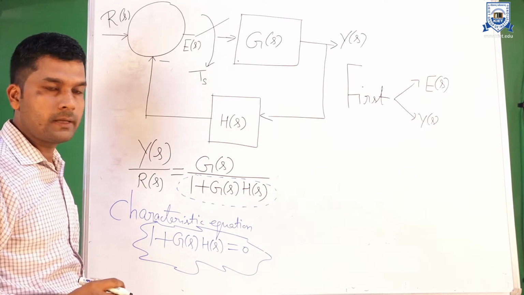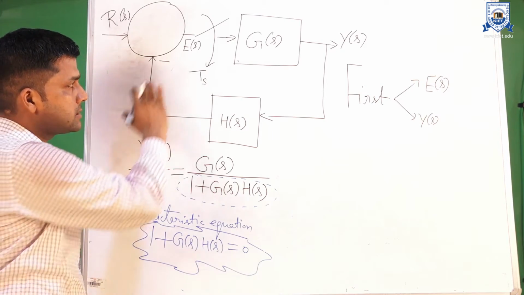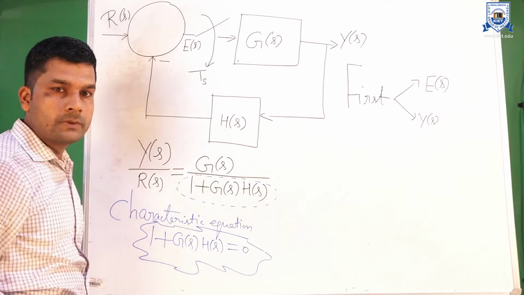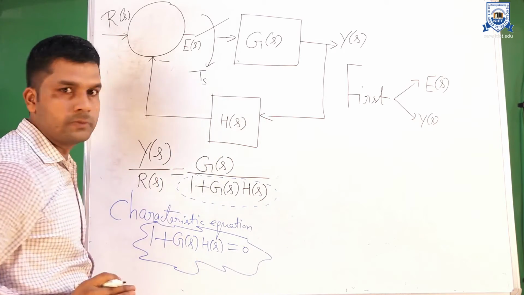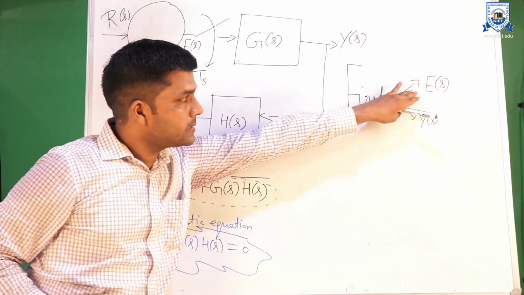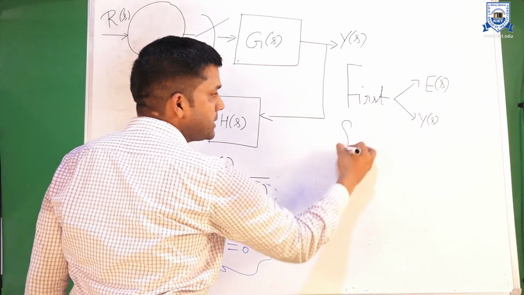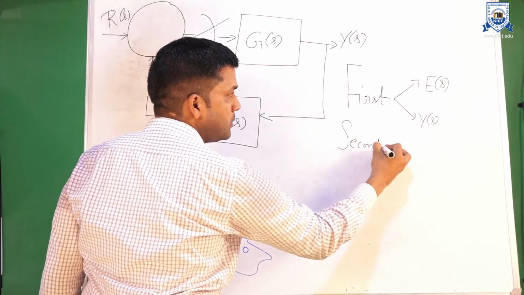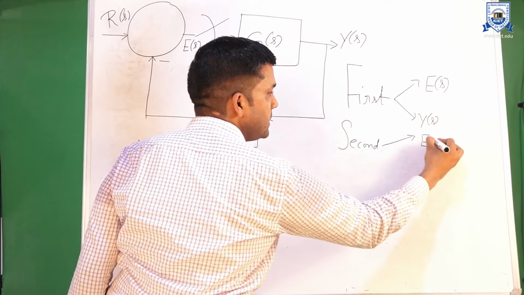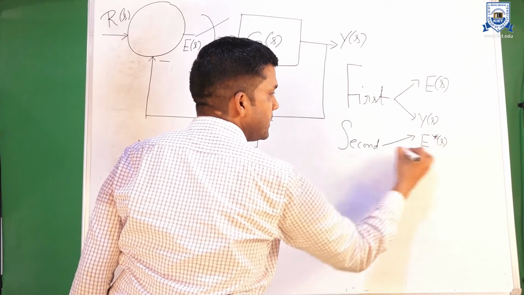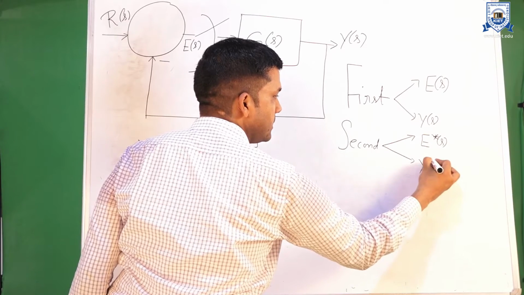If the control system has 1000 loops, we still have to find E(s) and Y(s) only. Then the second step is to obtain the sampled values E star(s) and Y star(s).